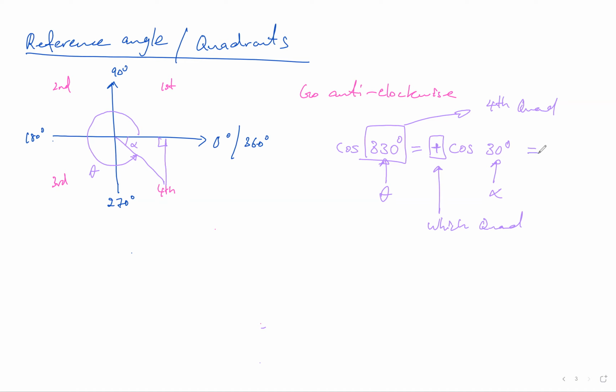And from here, you know that if you draw your triangle out, you get square root 3/2. So this is the link that we are trying to form. These are the connections you must make. Basic connections.